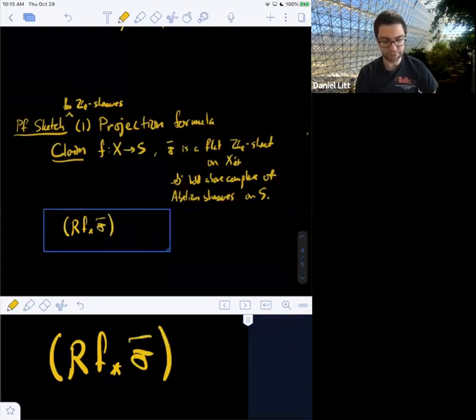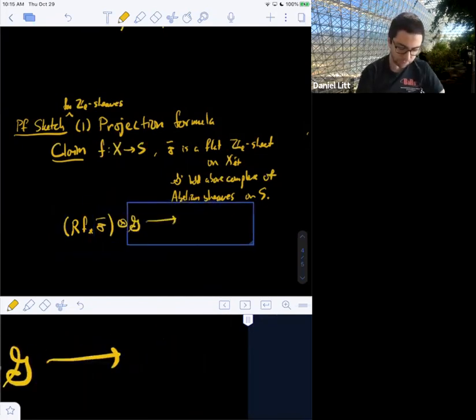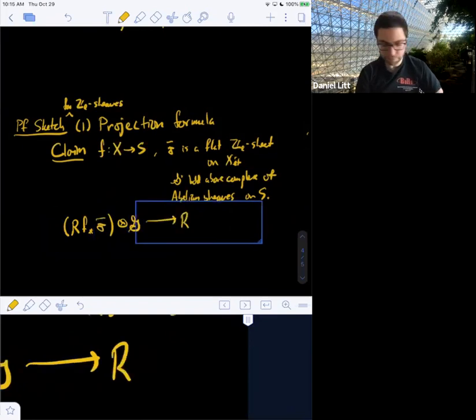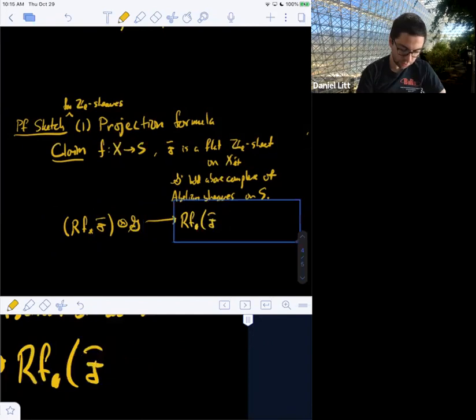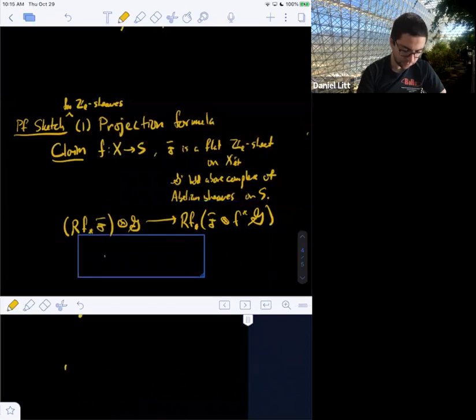You take an injective resolution of F and you push it forward. And the claim is that there's a natural quasi-isomorphism to Rf lower star of F tensor f upper star of G, which is a quasi-isomorphism.